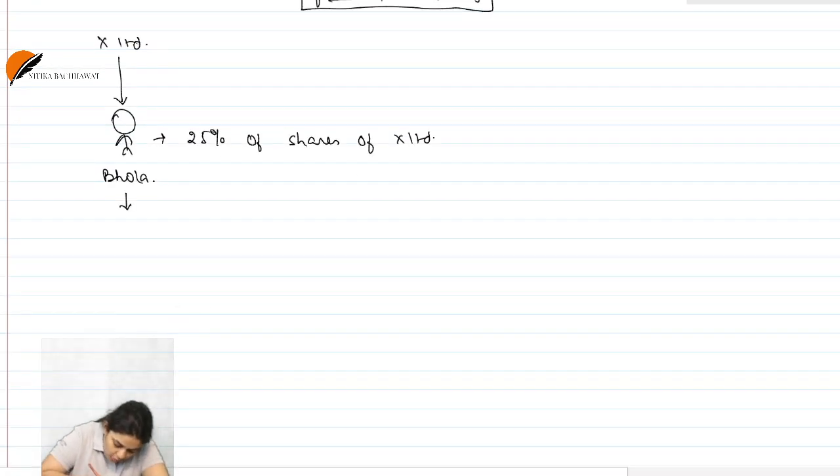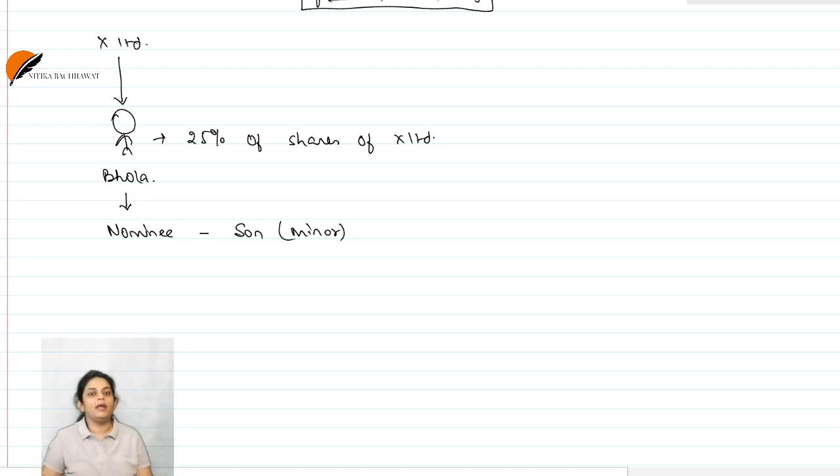Now, can Bhola appoint a nominee for his shares? Yes. He appointed his son S, who is a minor, as a nominee. Can he appoint a minor as a nominee? Yes. But ma'am, in OPC we did. That was for OPC. In OPC, a minor cannot be a nominee. But for other companies, a minor can be a nominee.